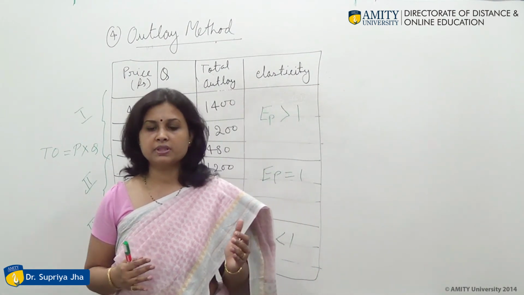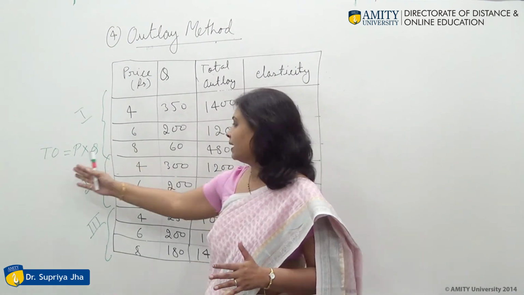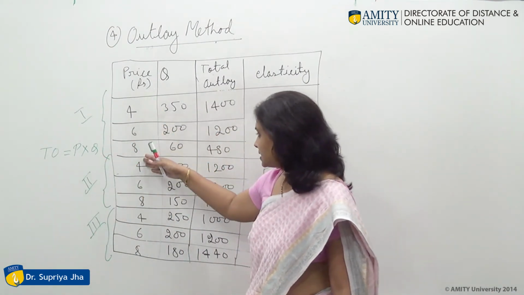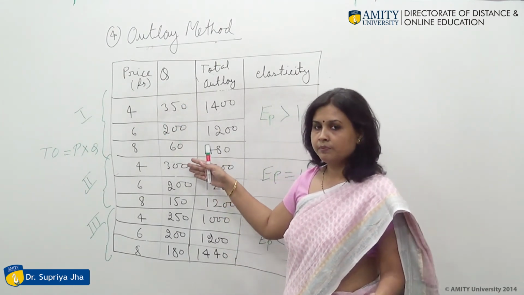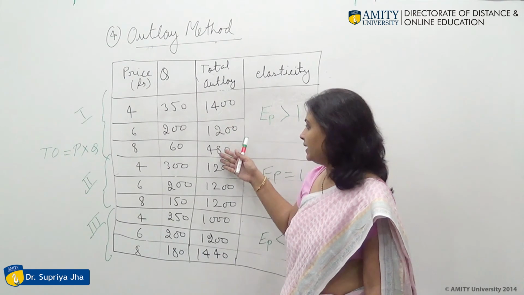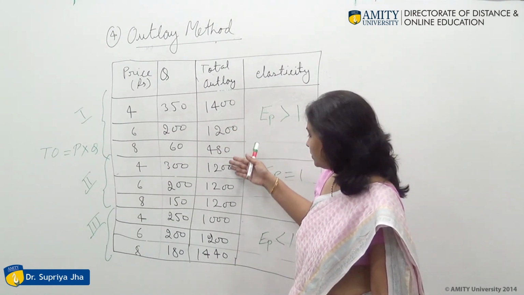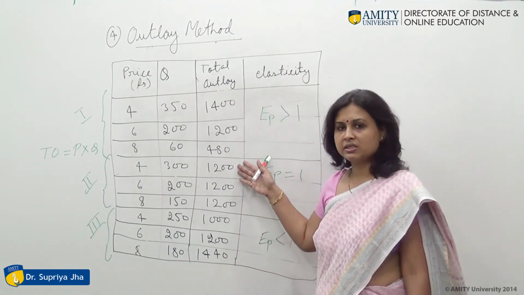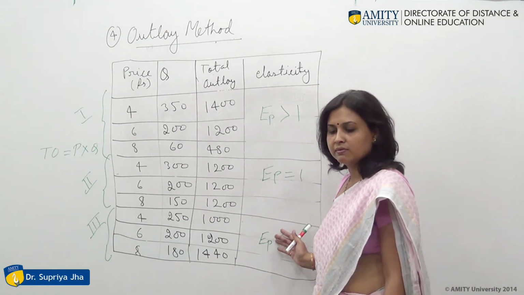In the total outlay method, we calculate the total outlay, which is P into Q, price into quantity. We have price, we have quantity. We will calculate the final expenditure, depending upon whether it is decreasing, remaining constant, or increasing. We have three types of elasticity of demand: greater than 1, equal to 1, and less than 1.